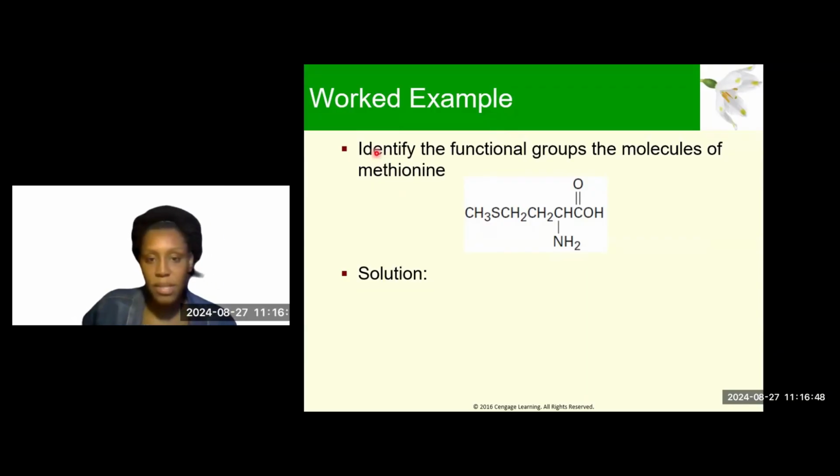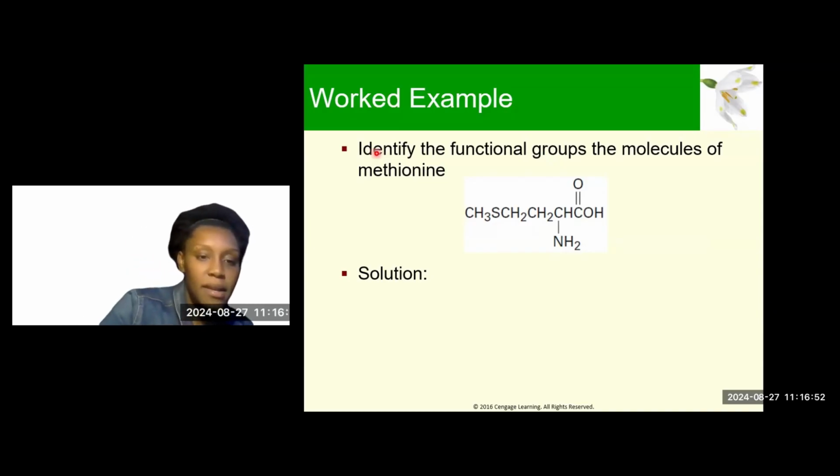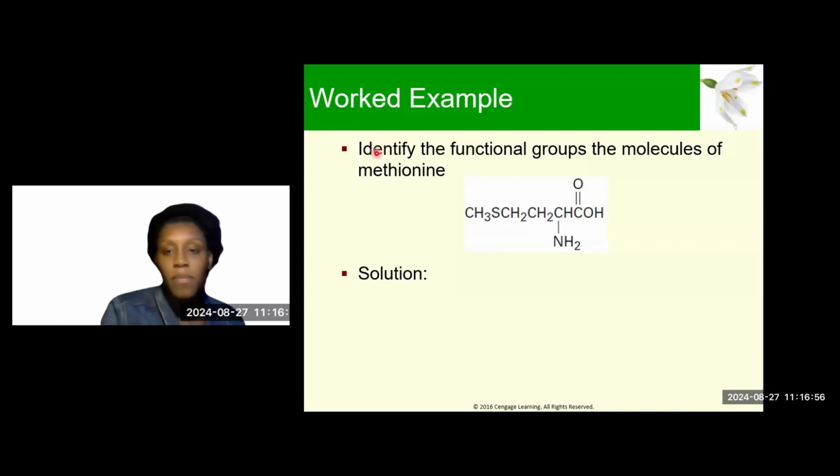So I'm going to pull out my pen, and I am going to walk you guys through this first one. So first, you're going to notice that you have this group here. You have this group here.